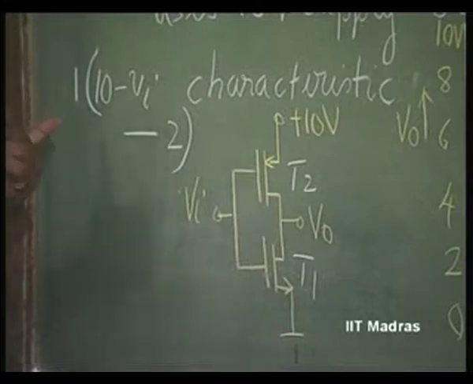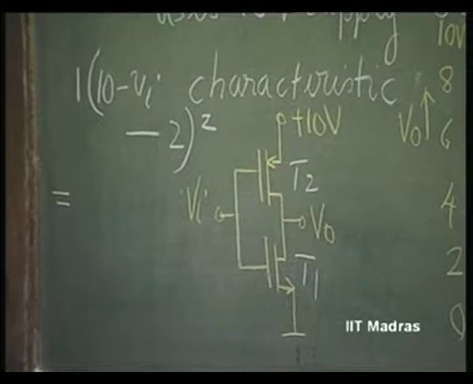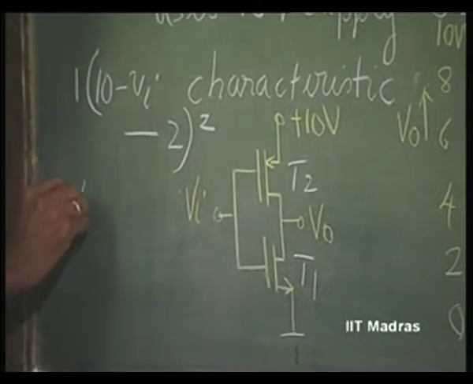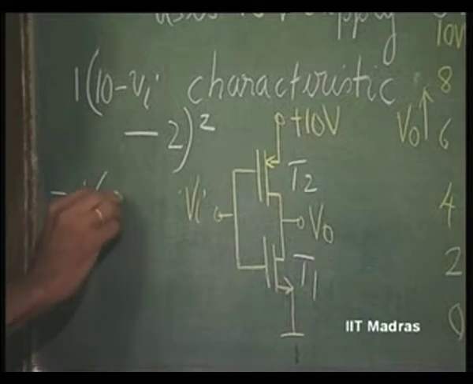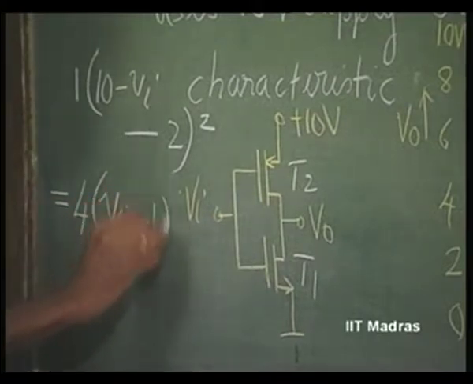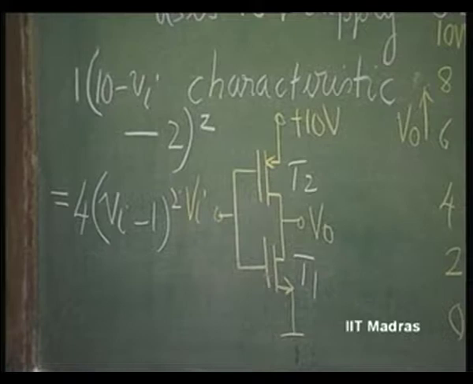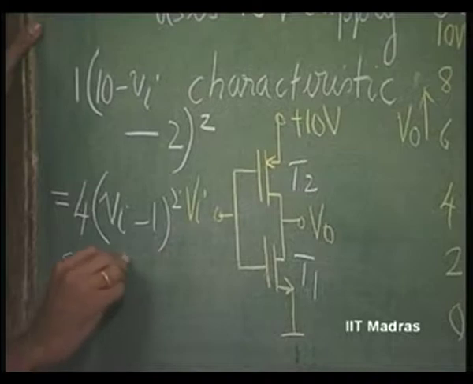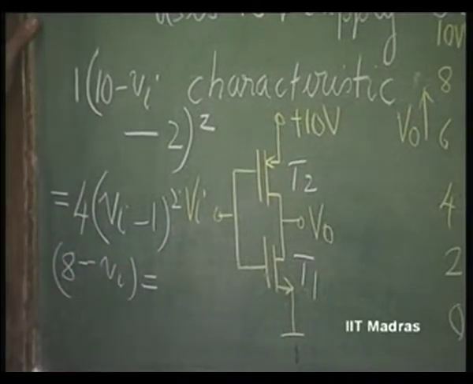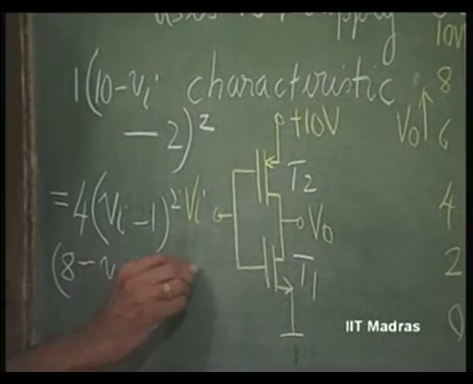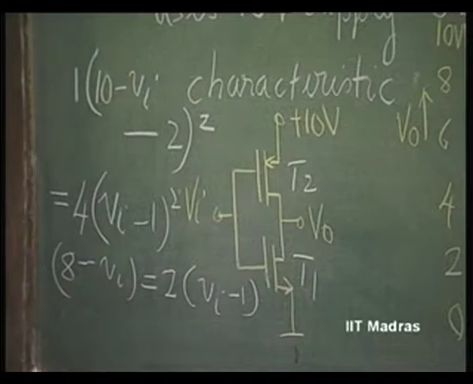Otherwise, it would have been Vi minus 10 plus 2 volts. So, this square equals K of the other one, 4 into Vi minus 1 square, which is nothing but 8 minus Vi, remove the square, this is 8 minus Vi, square root of 4, 2 into Vi minus 1.